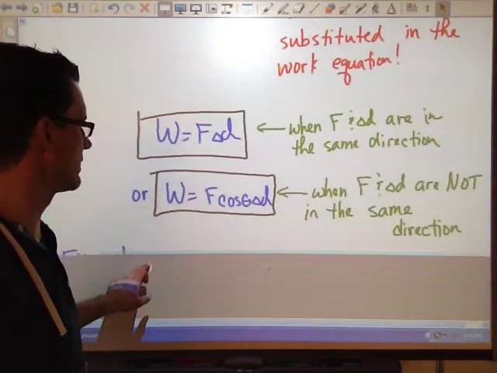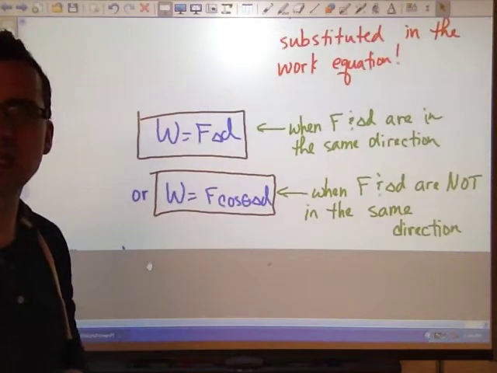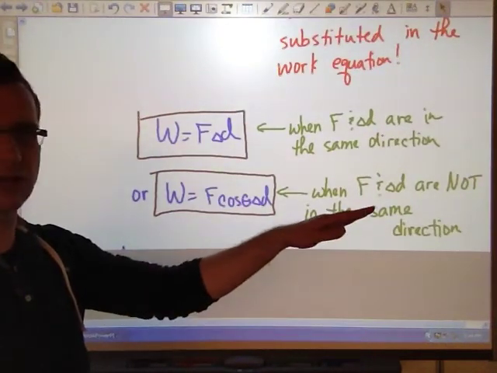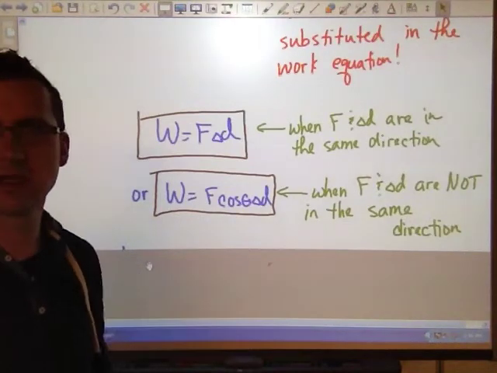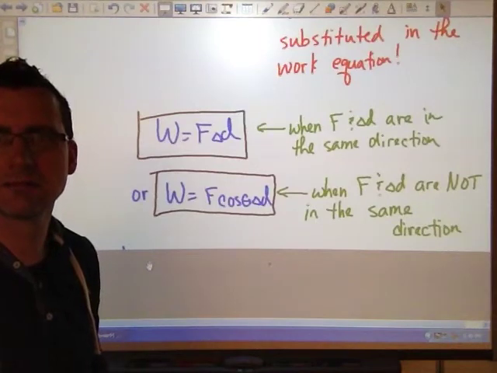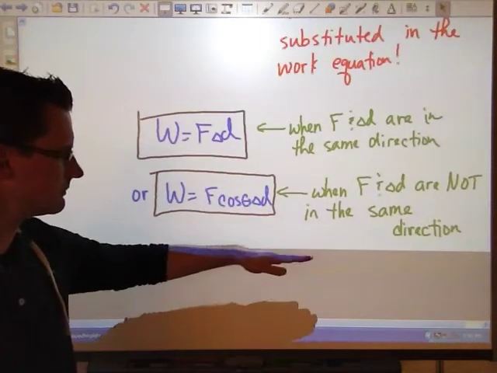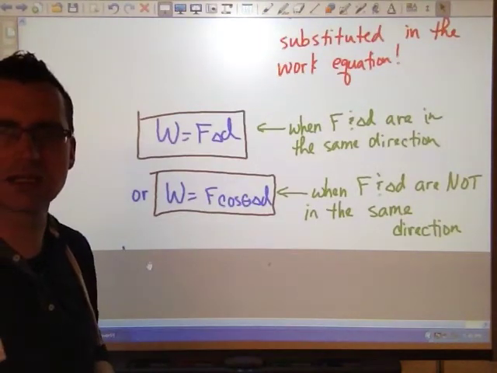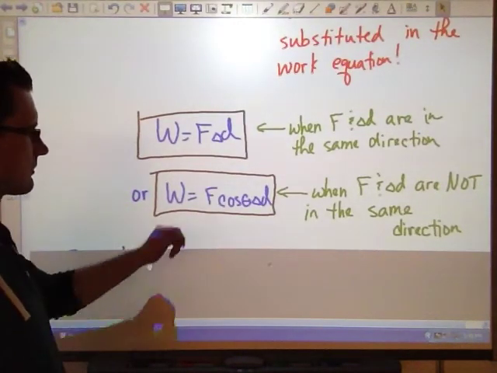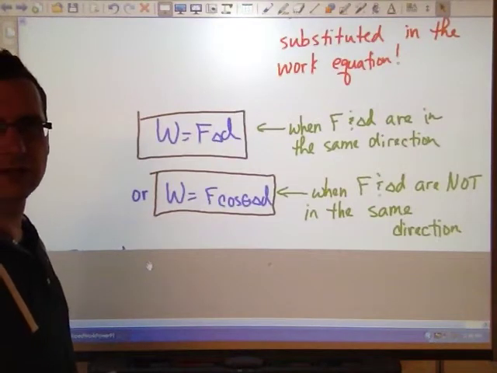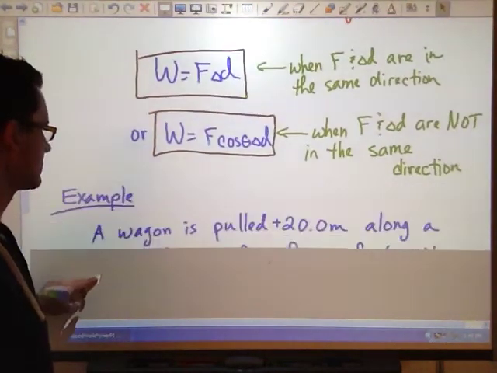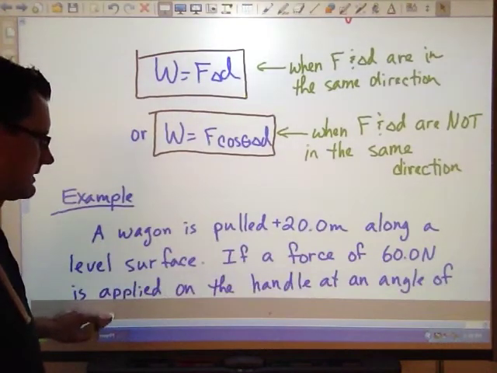When we're talking about another angle, though, we have to use this idea, finding that component, assuming that the angle given is the angle from the horizontal upwards. You can use that formula there, or we can use it all the time, once again, because the cos of 0 is 1, so it won't change anything. So work equals force multiplied by displacement, or work is equal to force multiplied by cos theta multiplied by displacement.